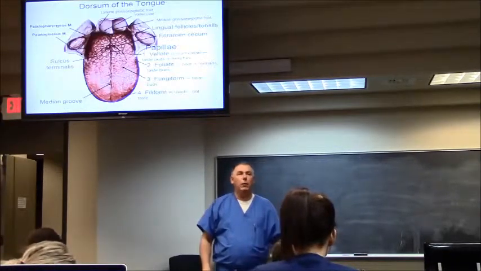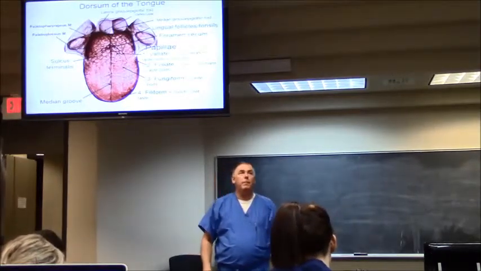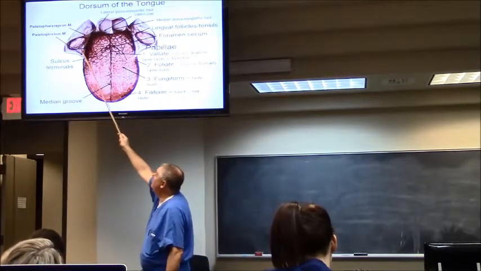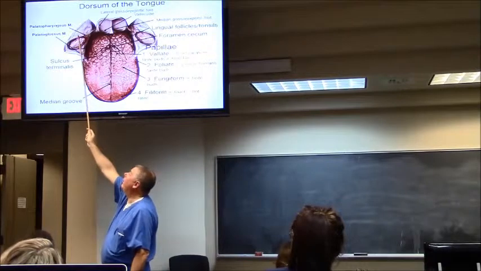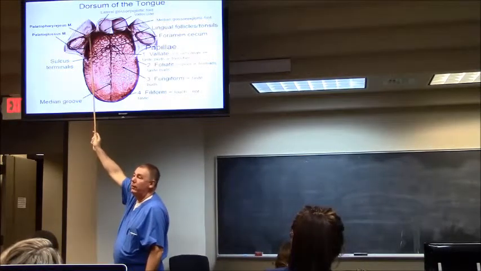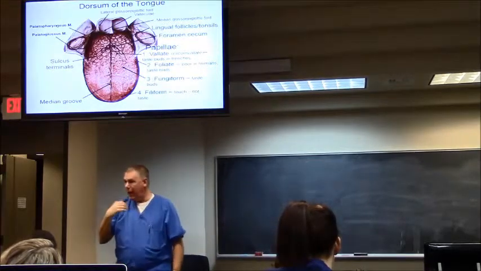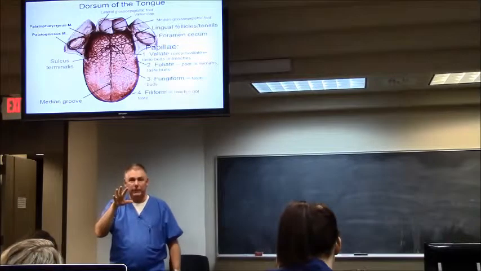This is the tongue, looking at it from the dorsal surface, along with the epiglottis in the back. There's the palatine tonsils with the palatoglossal fold and the palatopharyngeal fold. If you take a towel and dry the top of your tongue off, it's truly impressive, the little things that pop up.